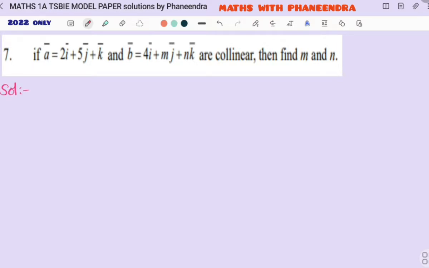Simple steps. So first one is A bar equal to 2i plus 5j plus k and B bar equal to 4i plus mj plus nk.